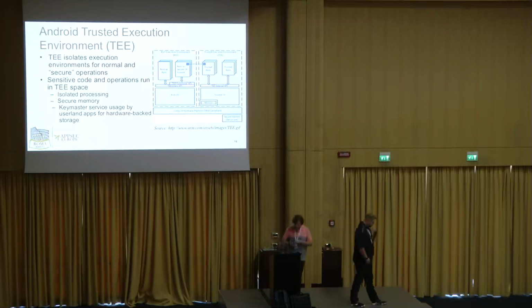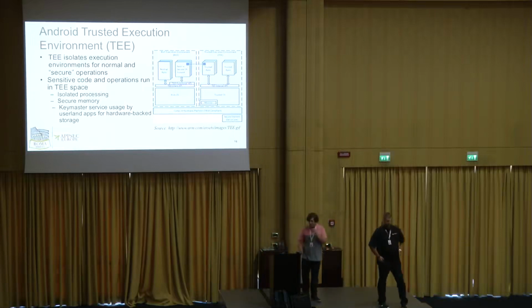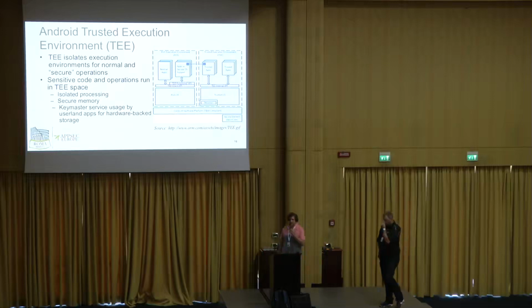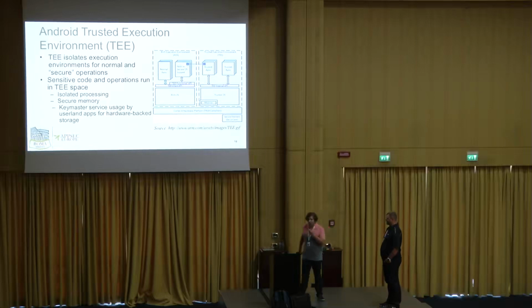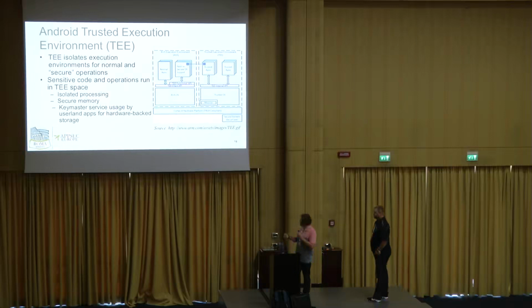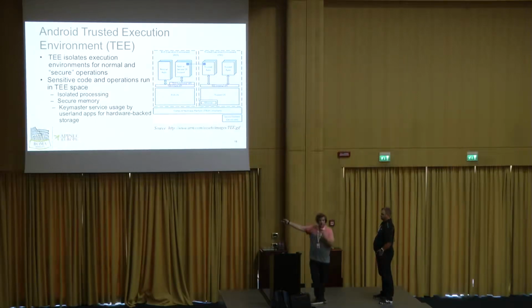So what's a trusted execution environment? Android provides a mechanism, where really the hardware manufacturers do, which allows you to basically run secure operations isolated from the main OS. So this is really similar to the concept behind the secure enclave. But taking a look at, for example, what's on the left-hand side here. So this is the main OS, right?